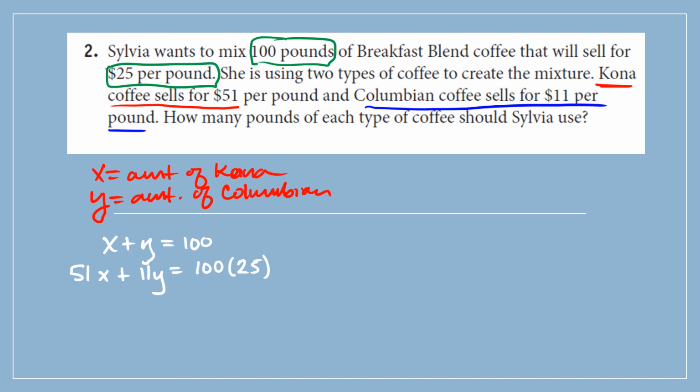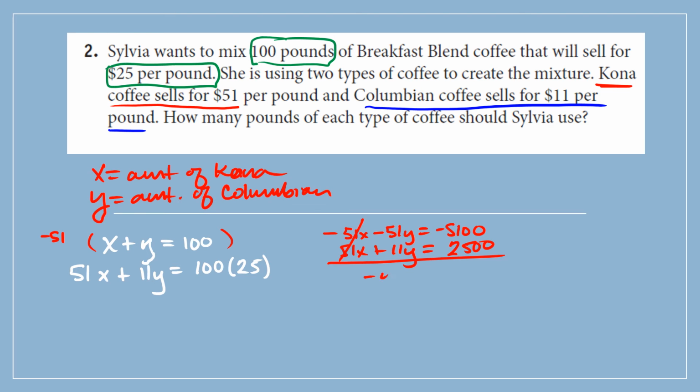So I think I'm going to go for eliminating my x's, and so I need to multiply by negative 51 to the first equation. So I would have negative 51x minus 51y equals negative 5100. And then I have my 51x plus 11y equals 2500. So my x's will eliminate.